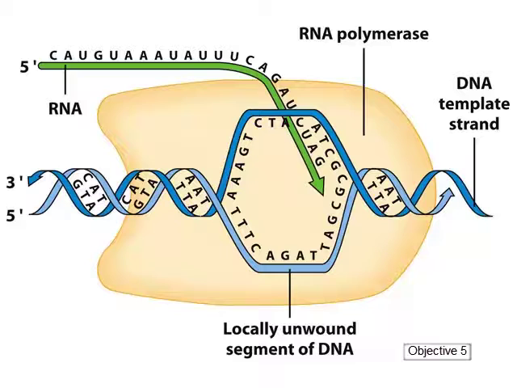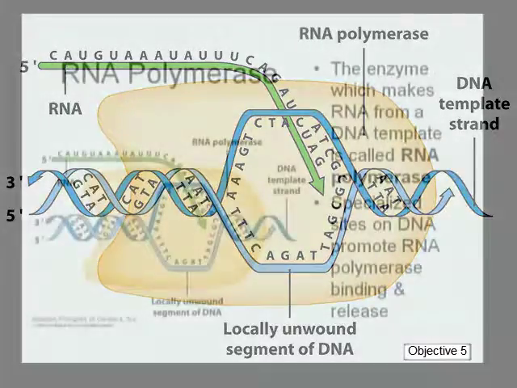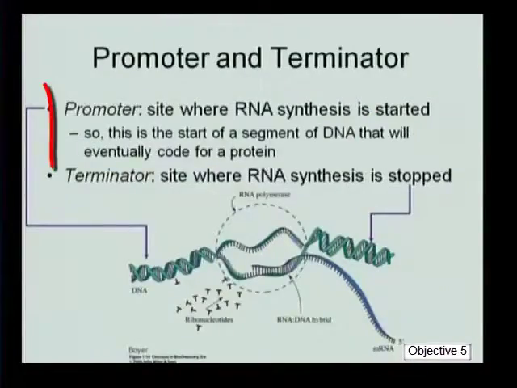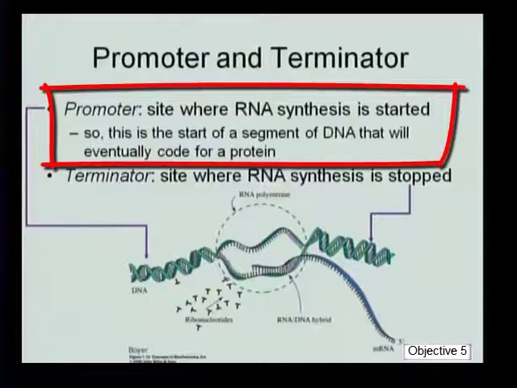And we're taking RNA monomers and stringing them together into an RNA polymer by using that ribose phosphate backbone. The enzyme that does that, takes the RNA monomers and strings them together into a messenger RNA polymer, is called RNA polymerase. The site at which we begin doing that is called a promoter. That's the site where RNA synthesis is started.